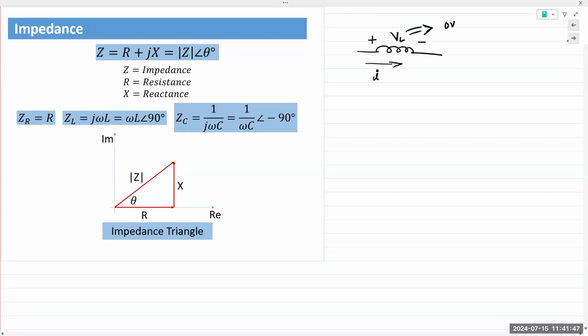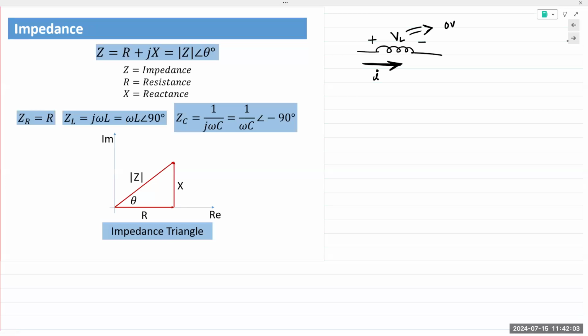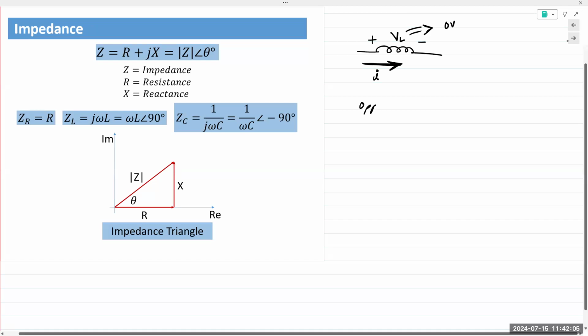Now, if you try to change the value of this incoming current, the stored energy in the magnetic field will oppose any change in the value of the input.